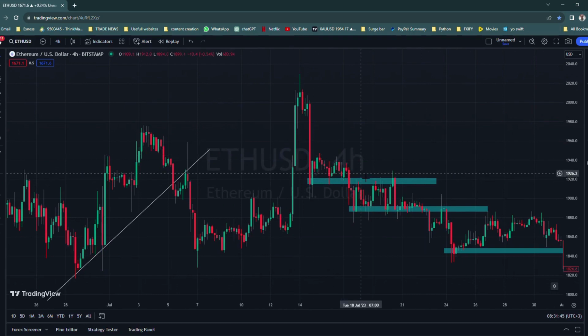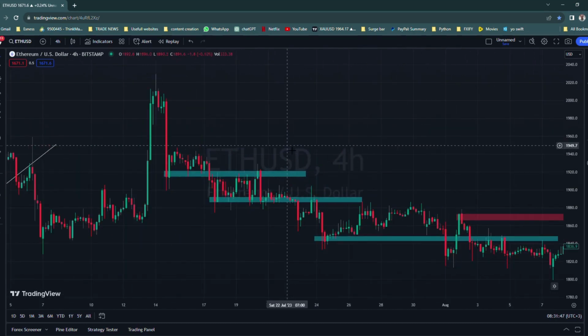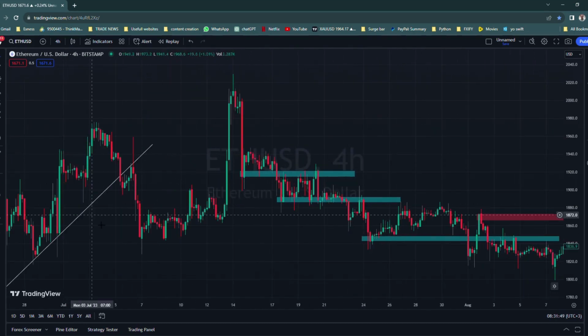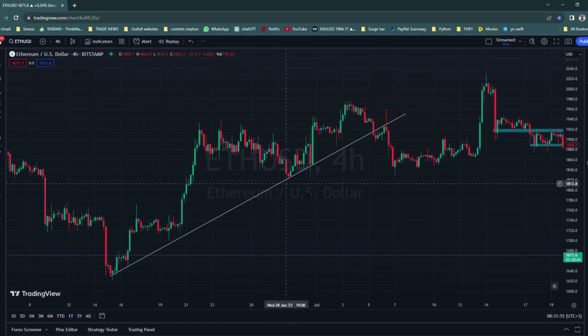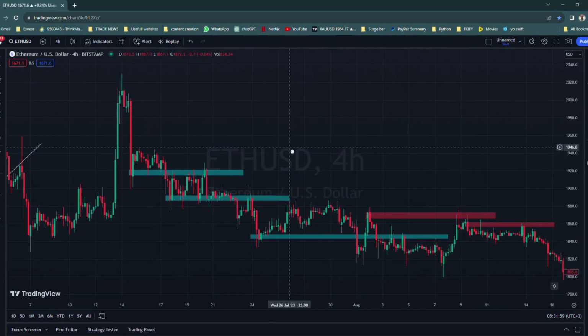Now there is another example right here which is totally different from the setup we have seen. This is a trend moving to the upward side. Every time price comes back to the trend, we see a rejection and a continuation. Now this is a different setup. This is a support, break of support, and rejection below the support.